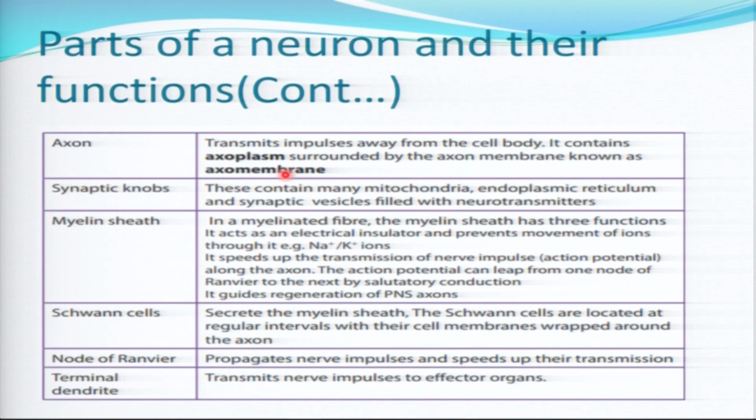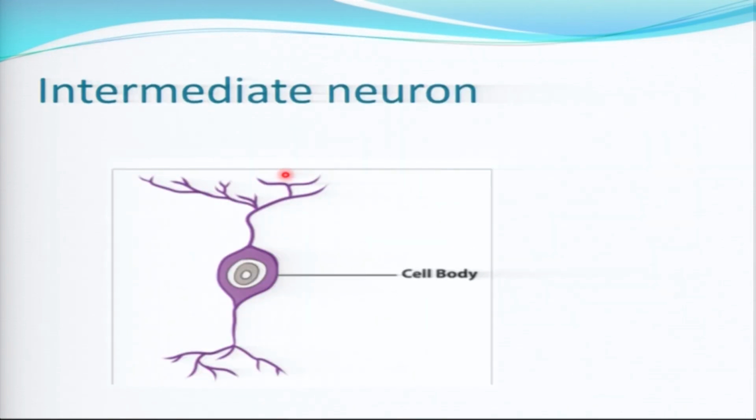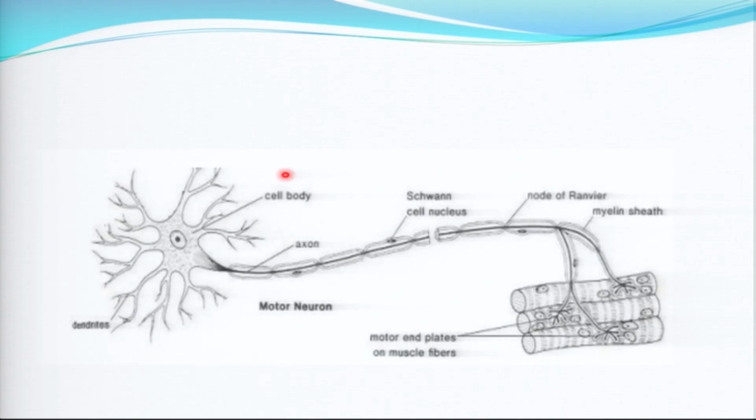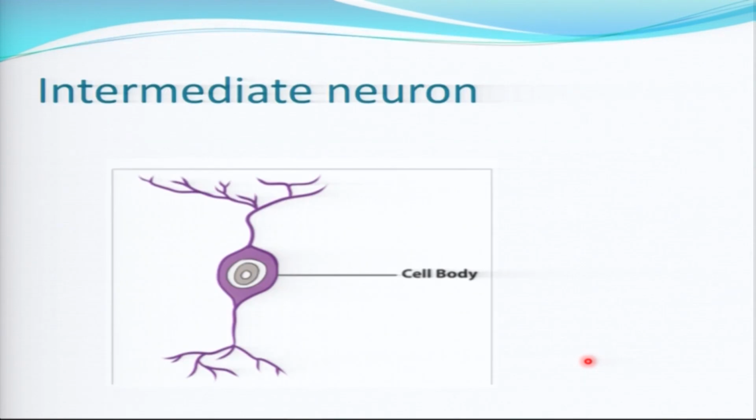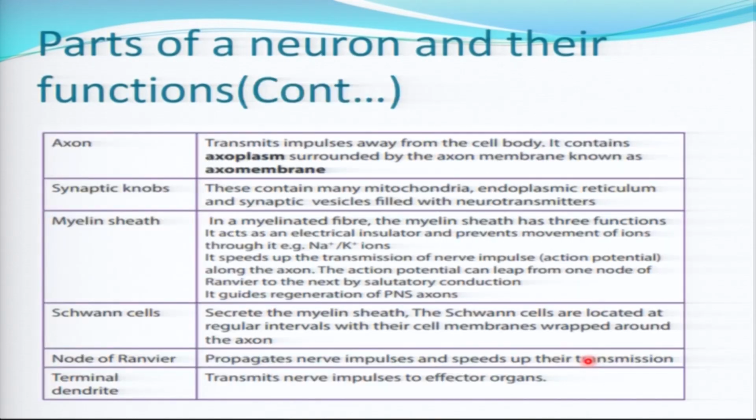Then we have synaptic knobs. Synaptic knobs are actually on this side, you can see synaptic knob where two neurons can meet. This is what you call synapse. Then you have what you call synaptic knob. So what's the function of this synaptic knob?